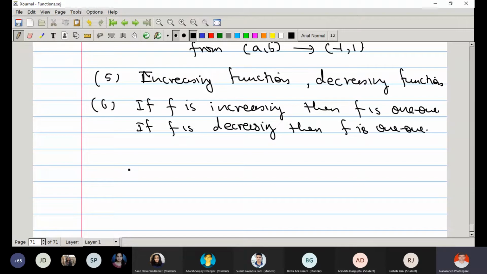So I will give you an exercise. Let a and b be any two real numbers.